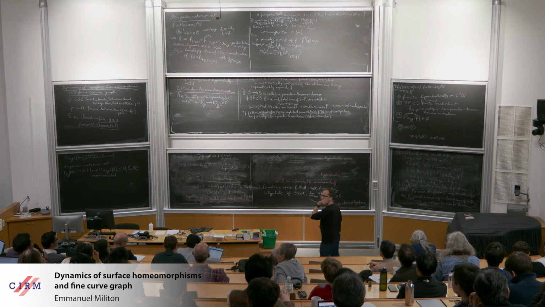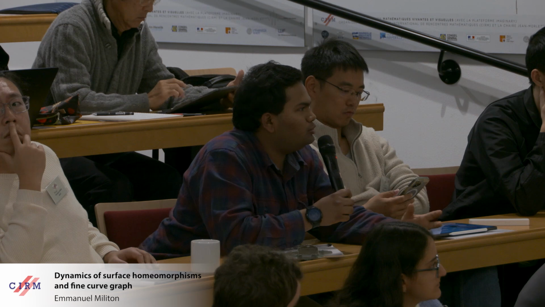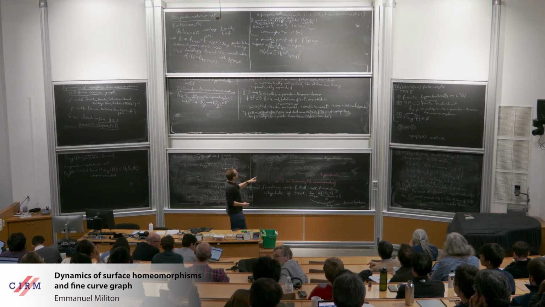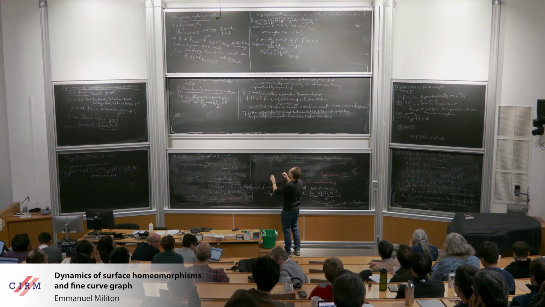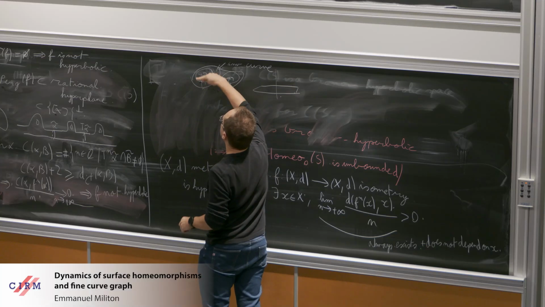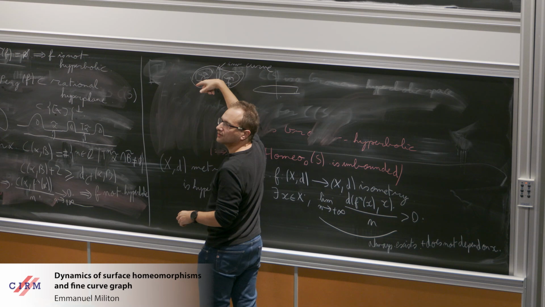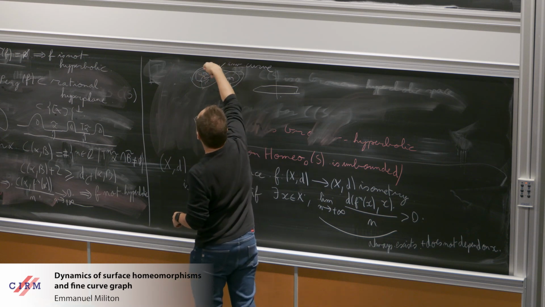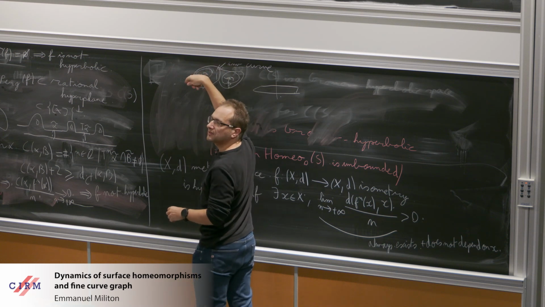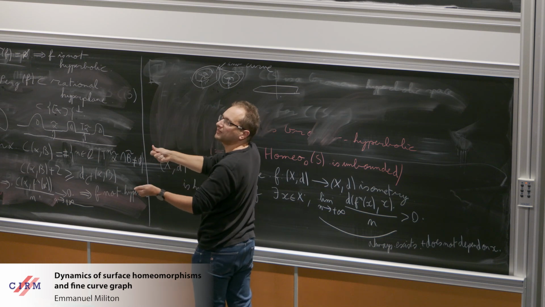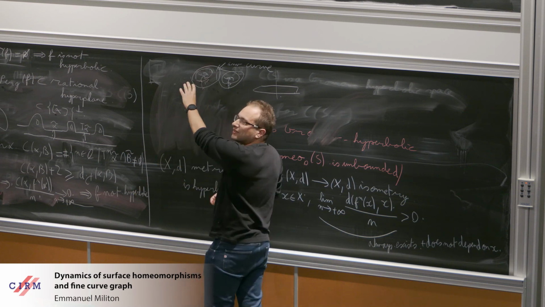Could you give an example or describe the ergodic rotation set for some particular homeomorphism, so maybe like a point push? Yes. I mean, here you take anything that has a periodic orbit rotating like this here, and a periodic orbit rotating like this, then it must have some complicated behavior here.